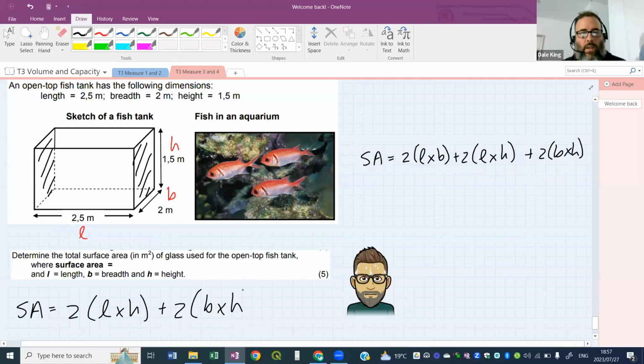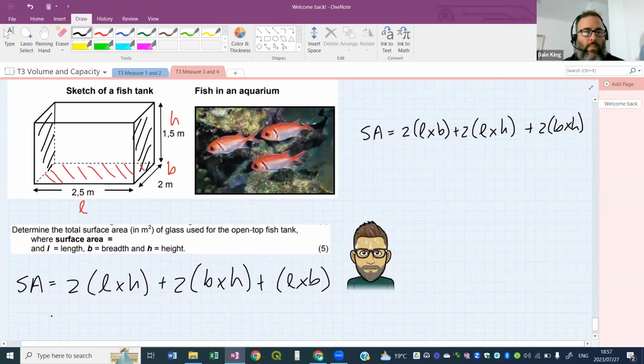Okay. And then at the end here, I need the bottom of the tank. But I don't want the top because it's open topped. So not 2 in front of the brackets. I just need 1 rectangle, which is length times breadth. Now I'm going to sub in all my numbers and then press equals. So it's 2,5, I'm leaving the unit out here, please forgive me, and it's 1,5.